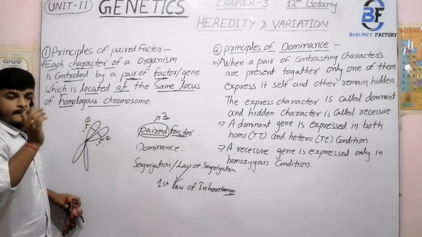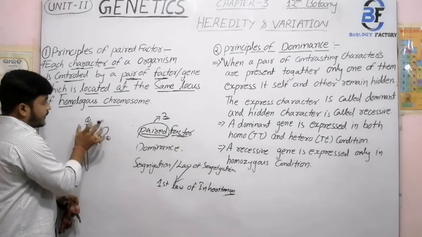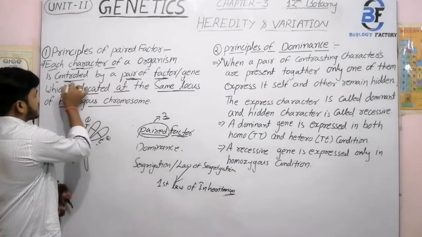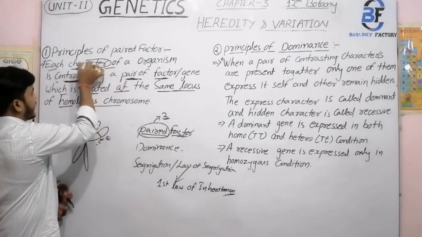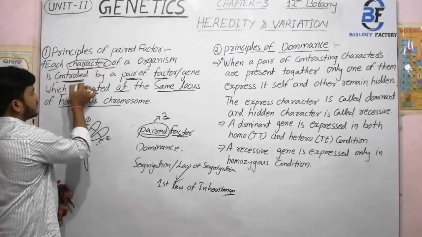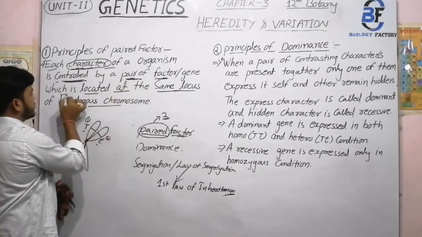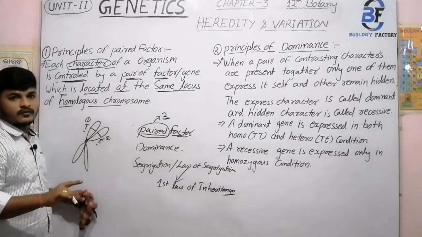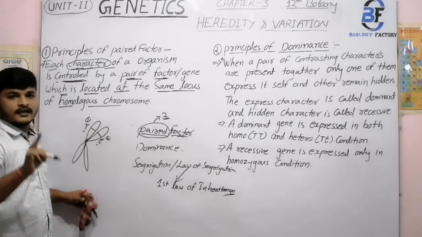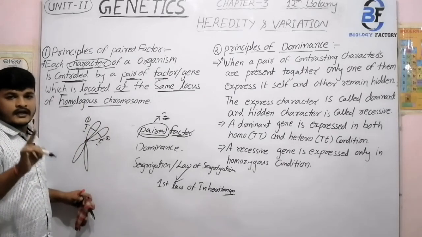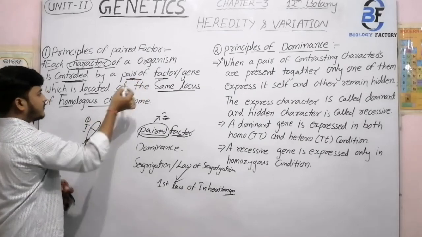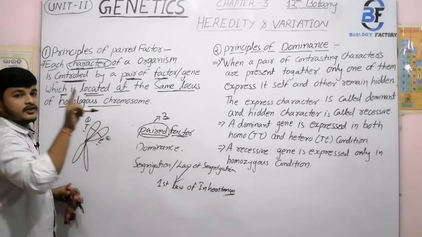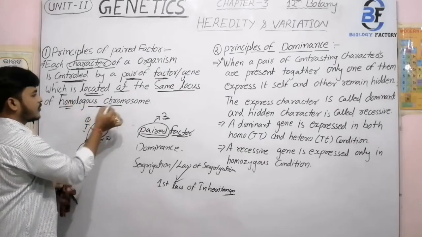If we talk about an organism, a character is mostly denoted by a pair of factors which is located at the same locus of the homologous chromosome.